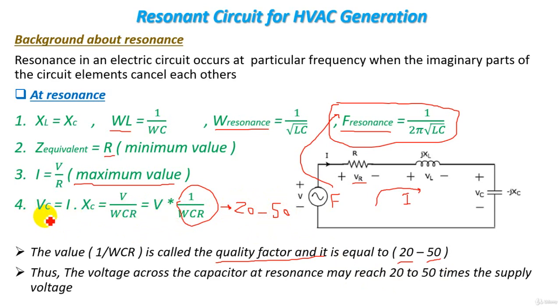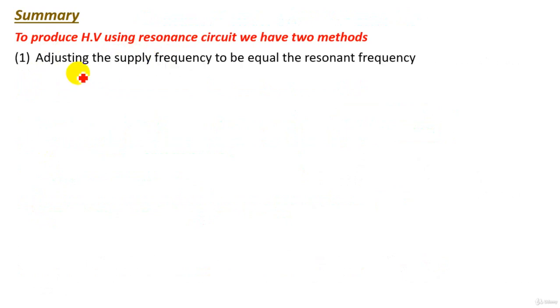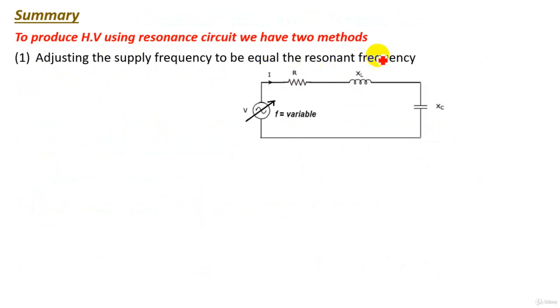In our high voltage lab, the capacitor represents the insulator. So, in summary, to produce high voltage using a resonant circuit, we have two methods. The first method is adjusting the supply frequency to be equal to the resonance frequency.